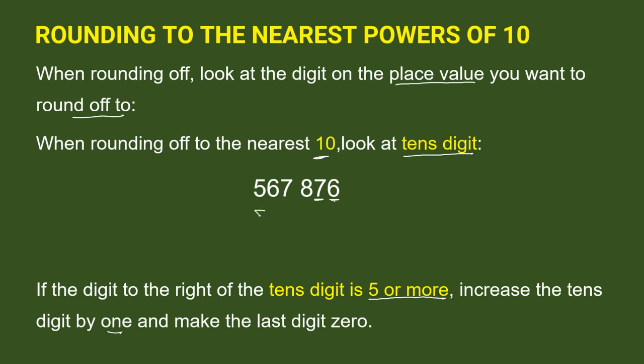So it becomes 5, 6, 7, 8, 8. And then make the last digit 0. Done. So this number, when rounded off to nearest 10, is 567,880. That's your answer there.